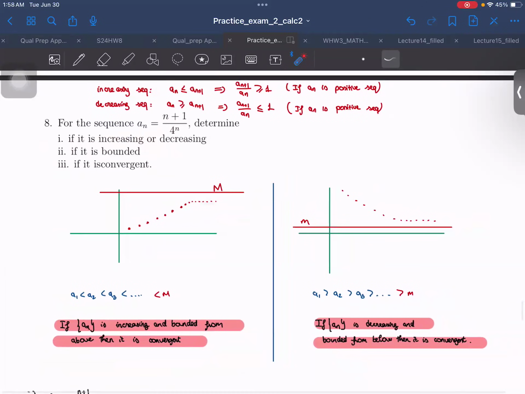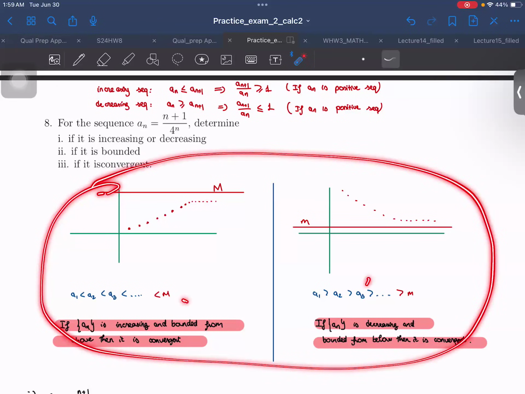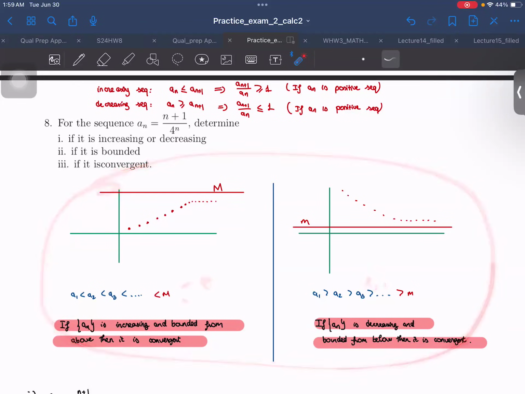Remember that in the lecture videos, I have discussed that if you have an increasing sequence and your sequence is bounded from above, then your sequence should be convergent. Similarly, if you have a decreasing sequence and your sequence is bounded from below, your sequence should be convergent as well. And if you want a better understanding of why we have these two theorems, you can go back to the lecture videos on sequence topics.